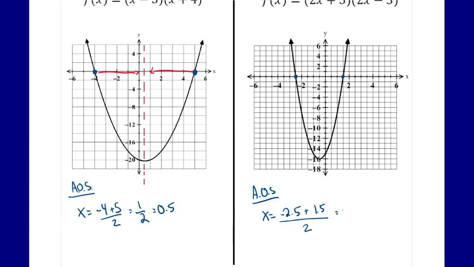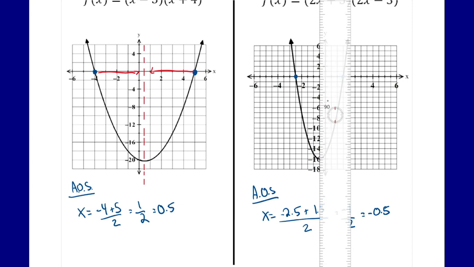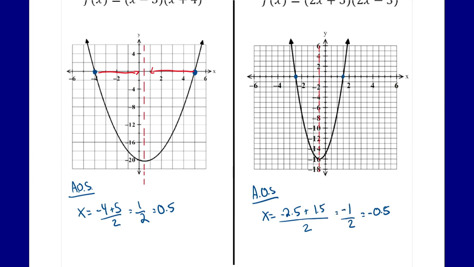Here we get negative 1 on top divided by 2, or negative 0.5, which if we go through and sketch, we can see that it is directly in the middle and goes through the vertex, or it's halfway between our x-intercepts.